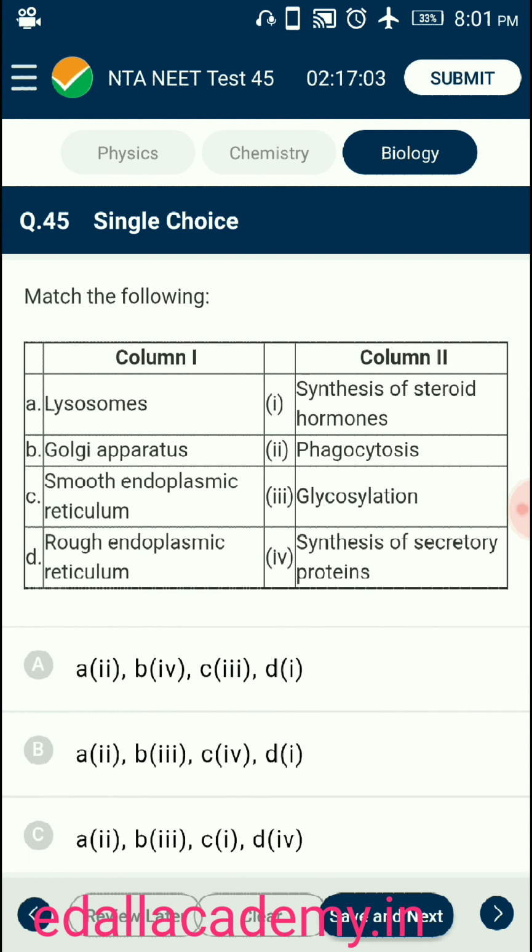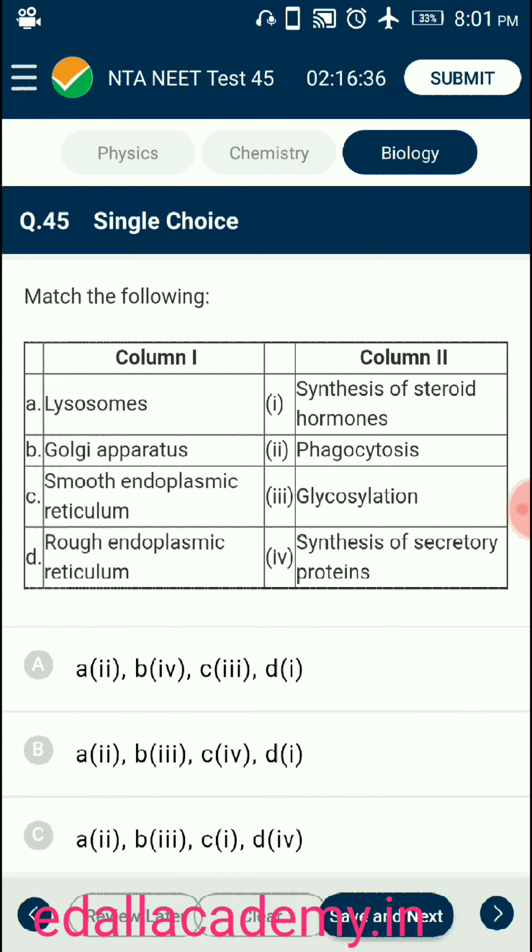Question number 45. Match the following. Lysosomes are generally associated with phagocytosis, the process by which a cell, often a phagocyte or protist, engulfs a solid particle to form an internal vesicle known as a phagosome. Golgi apparatus is generally associated with glycosylation, the formation of glycosides.